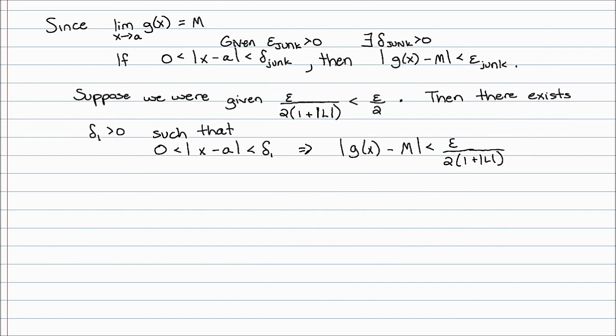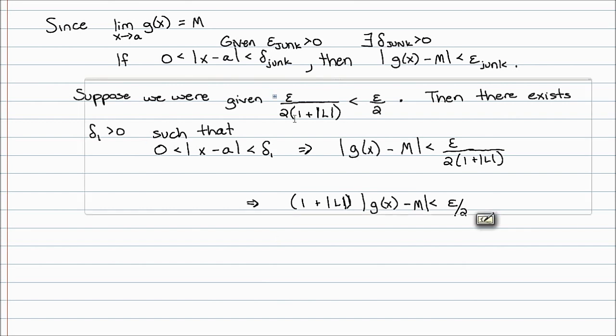Now let's go ahead and multiply both sides of this statement right here by 1 plus the absolute value of L. So this implies that 1 plus the absolute value of L times the absolute value of g of x minus m has to be less than epsilon over 2.